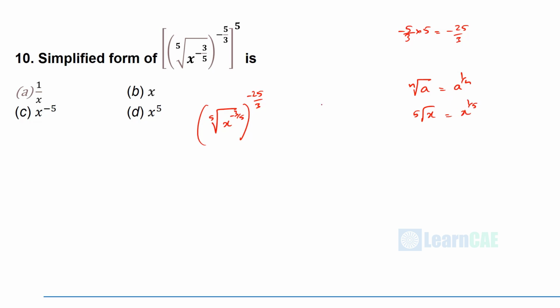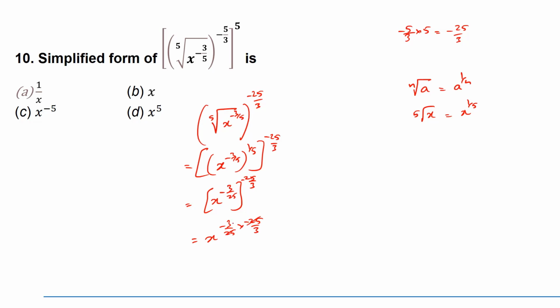So we shall rewrite this fifth root like x power 1 by 5. Therefore, the given number is x power minus 3 by 5 raised to power 1 by 5, the whole raised to power minus 25 by 3. So this is equal to x power minus 3 by 5 into 1 by 5. This is x power minus 3 by 25, the whole raised to minus 25 by 3. So this will be equal to x power minus 3 by 25 into minus 25 by 3. So this will get cancelled. The answer is x, option B.